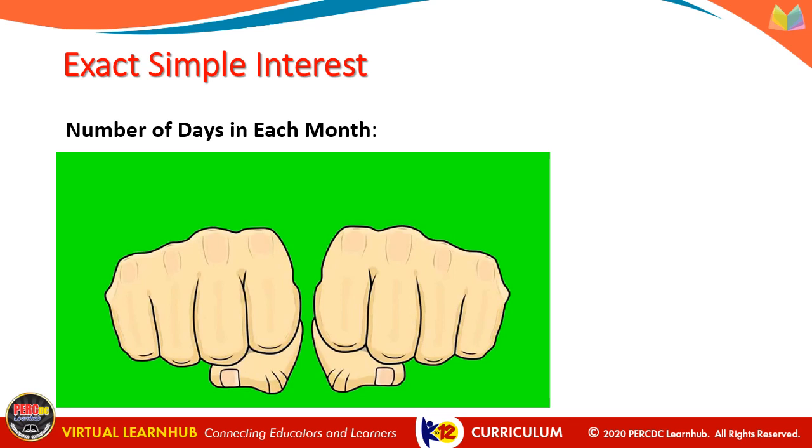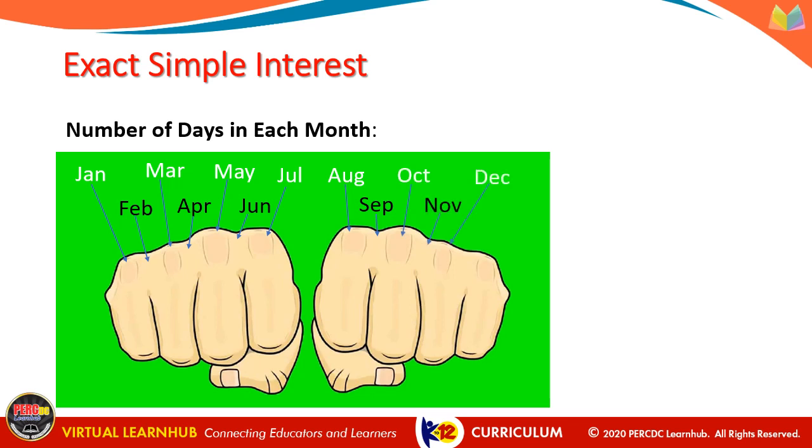Assign each month chronologically to your knuckles and in the depressions between your knuckles. Like this one. We have here January, February, March, April, May, June, July, then August, September, October, November, and December.